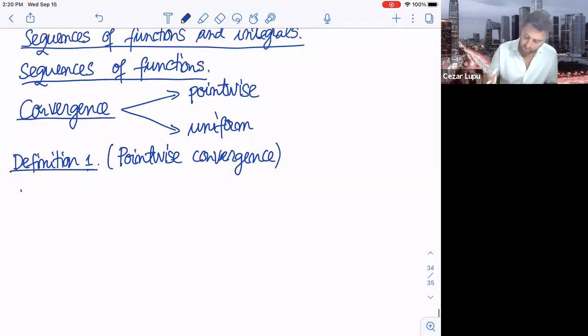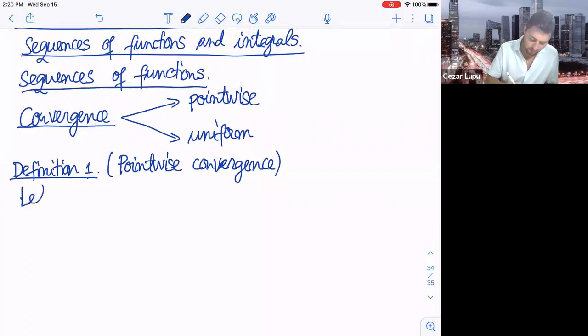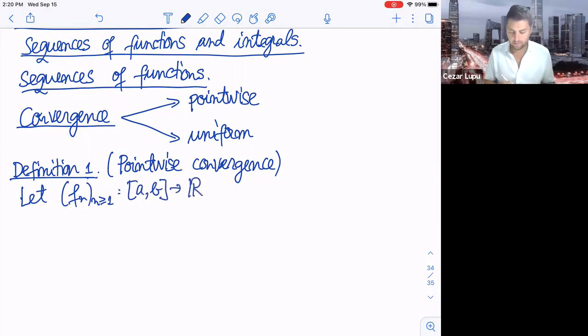So let us consider a sequence of functions, let's say f_n, n greater or equal than 1. And let me define this on a closed and bounded interval [a, b]. And this will be a real valued sequence of functions.